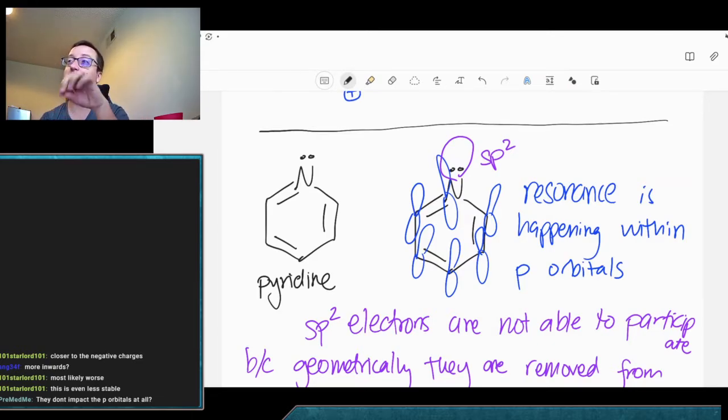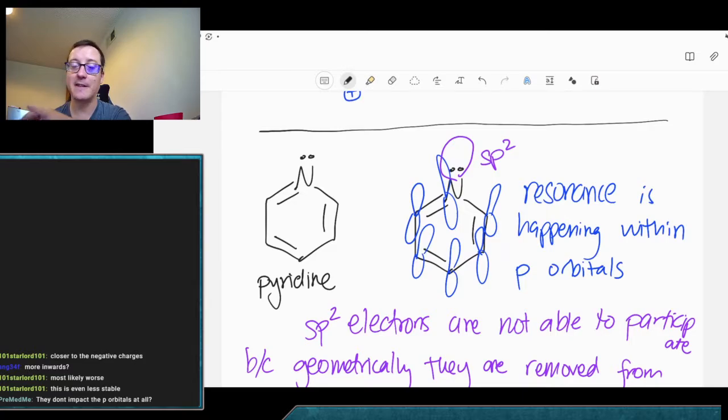And then we have the remaining lone pair in an sp2 orbital pointing away from the rest of the molecule. So those electrons are not able to, because they're not in a p orbital, they don't have access to a p orbital, they're not in the same geometry, they're 90 degrees away from everything else.